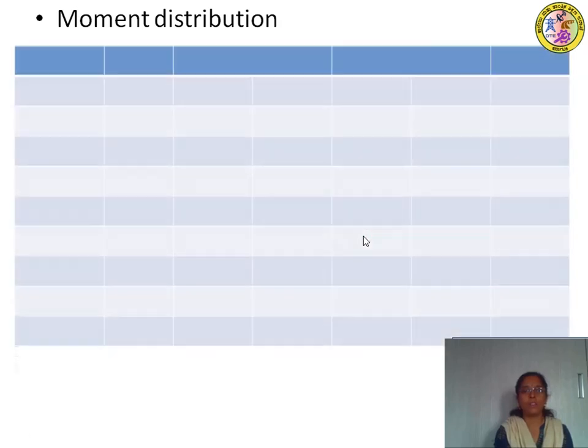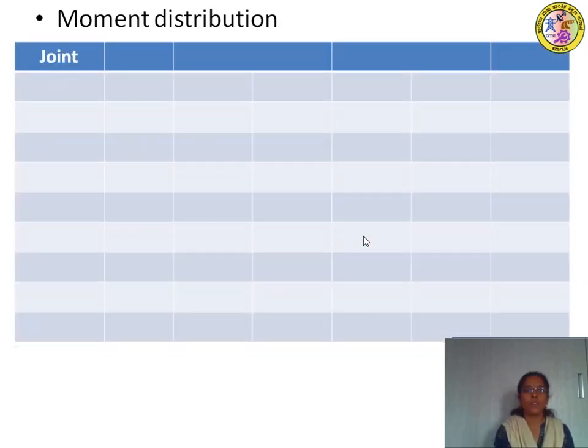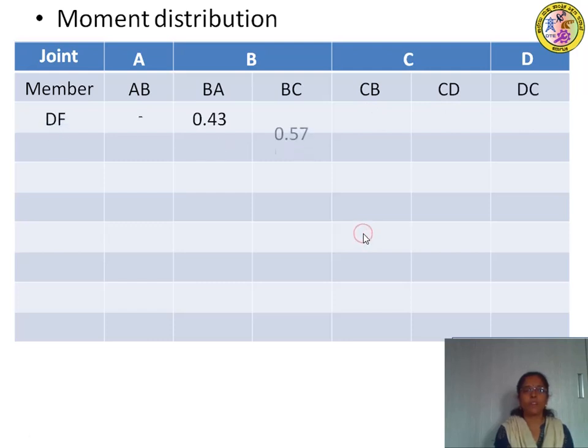Okay, so now we will distribute this assumed value in the same fashion, for the different joints A, B, C, D, and for members AB, BA, BC, CB, CD and DC. The distribution factors will remain the same, they will not change: 0.43, 0.57, 0.57 and 0.43.